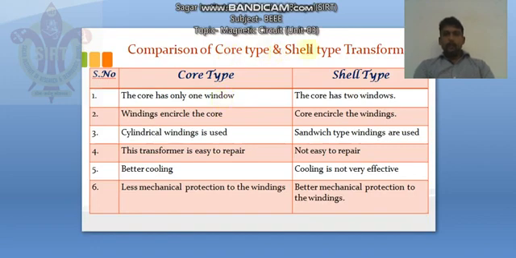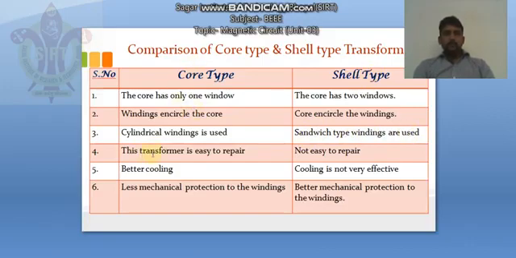Comparison of core type and shell type transformer. The core has only one window but the shell has two windows. In core type the winding encircles the core, but in shell type core encircles the winding. In core type cylindrical winding is used, but in shell type sandwich type winding is used.